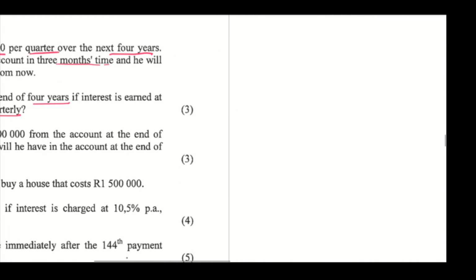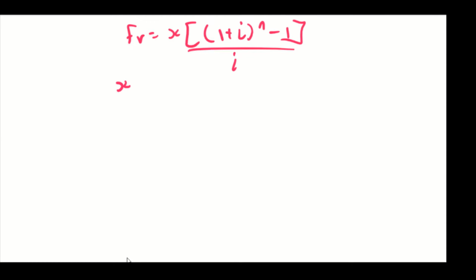So we're just going to use the future value annuity, which is F equals x into (1 plus i) to the power of n minus 1, divided by i, of which our x, the investment, is 15,000 rand, and our i, we are given, is 8.8% per annum compounded quarterly, right?